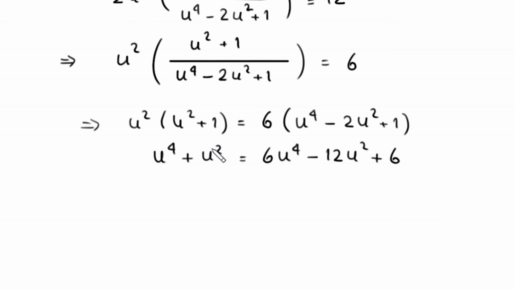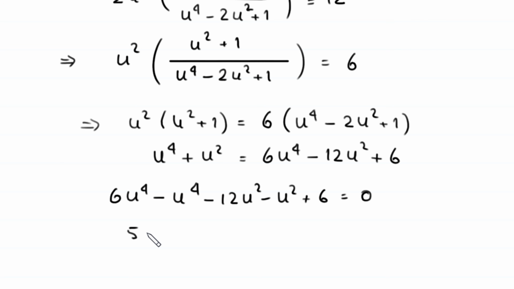Move these two terms to the right hand side, then this will become 6 times u to the power 4 minus u to the power 4 minus 12u squared minus u squared plus 6 equal to 0. Further simplify, this will become 5u to the power 4 minus 13u squared plus 6 equal to 0.